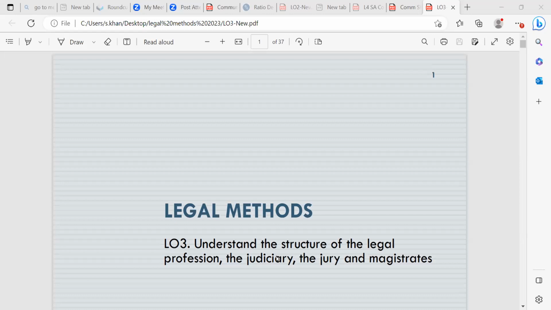We also looked at distinguishing the difference between binding, non-binding and persuasive decisions. And we looked at the advantages and disadvantages of precedent, and also the operation of the literal rule, the golden rule and the mischief rule, and the importance of why judges use these rules in regards to cases.